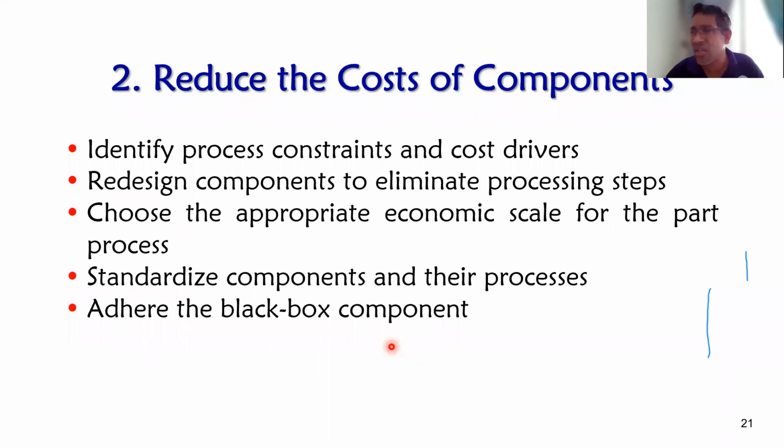Or for us, we don't need this type of cup. We need the simple one. So this one is very cheap. This one $10, this one $20, so you take this one. So that is how we use a black box component in our reduction of cost of component. So you can apply this to reduce the cost of component in your manufacturing cost saving.